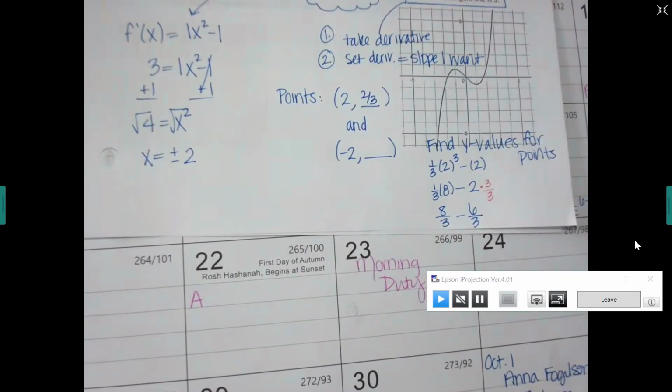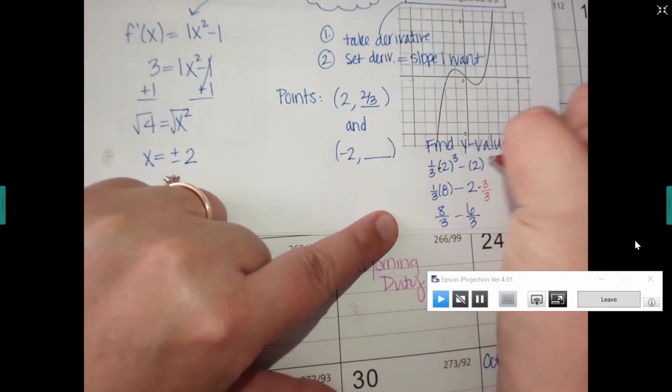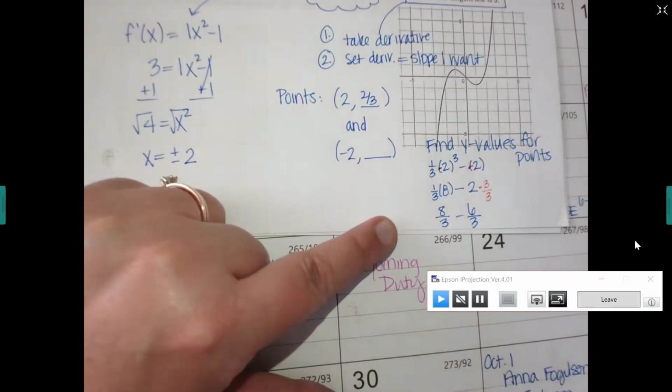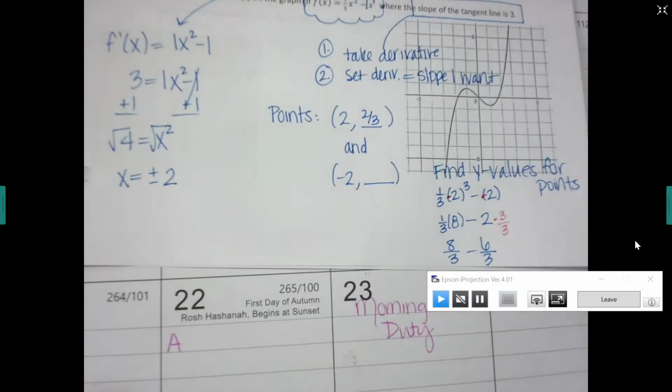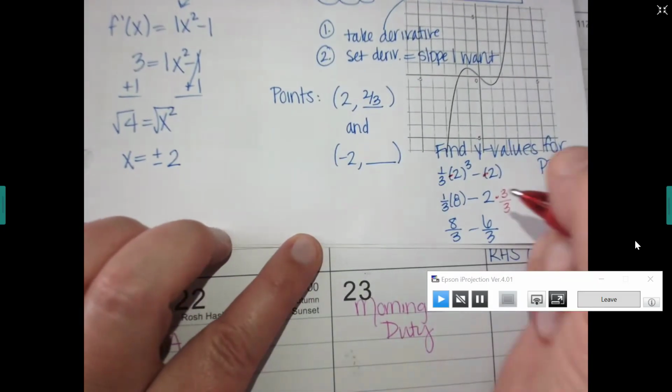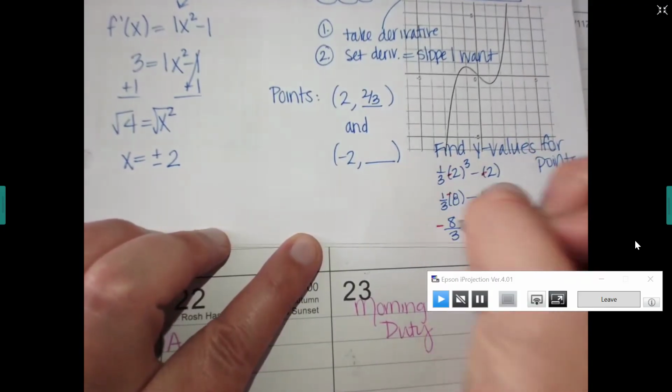Okay, then let's just be a little bit lazy and change our 2's to -2's so we don't have to rewrite the whole thing. So now instead of 2's, they're -2's. So minus and minus. What is -2 if I cube it? What kind of 8? -8, which means this is a -8/3.